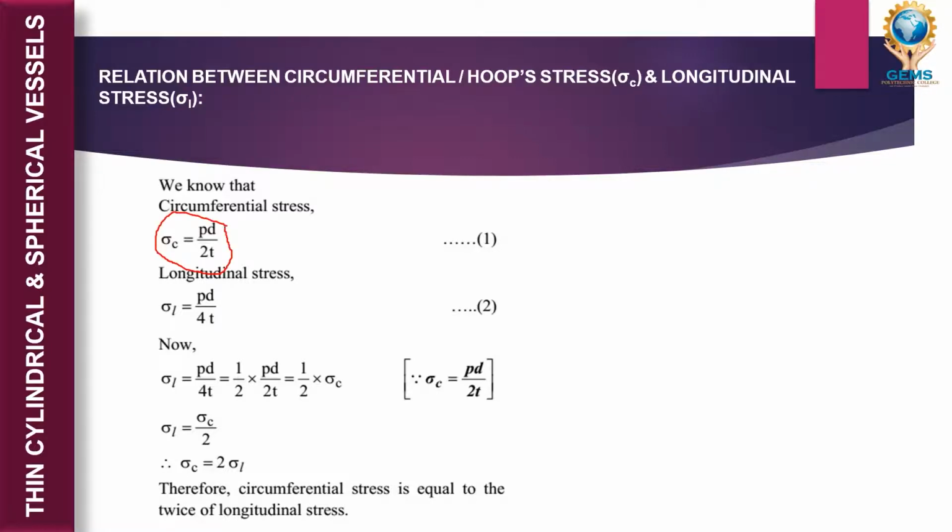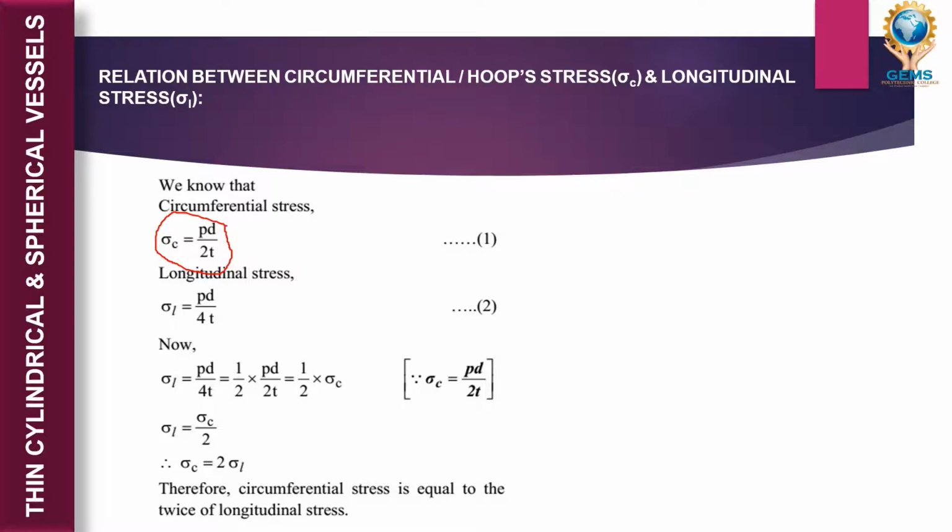It comes from the circumferential stress or hoop stress formula. And second, this is the formula for longitudinal stress: sigma L is equal to PD by 4T. Now sigma L is equal to PD by 4T we know already.